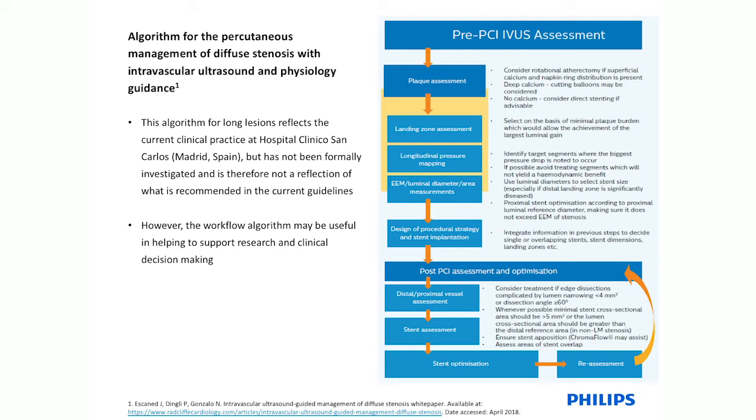But as I say, it is supported by individual studies that have provided valuable observations on how specific mechanisms of stent failure or long-term outcomes are influenced by diffuse disease.